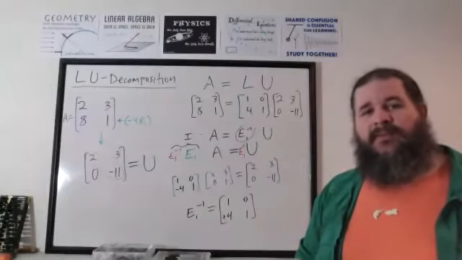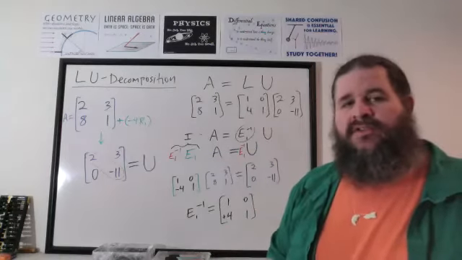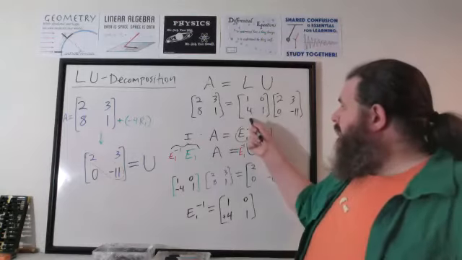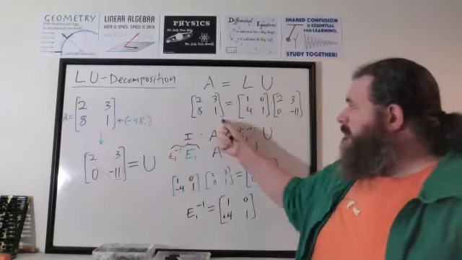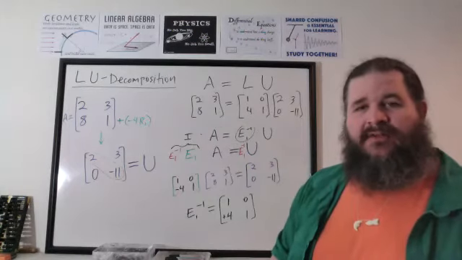But there are other ways to split it up into a different L times a different U that still work. So this is not unique. There are many possible answers. As long as you have a lower triangular matrix times an upper triangular matrix that multiply to the original, that is an LU factorization or LU decomposition of the original.